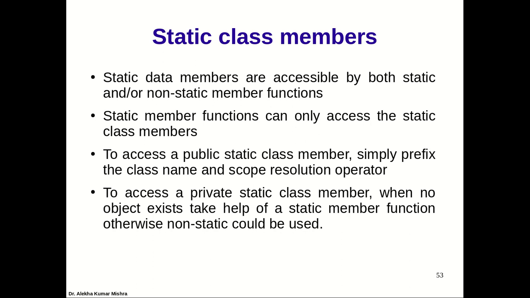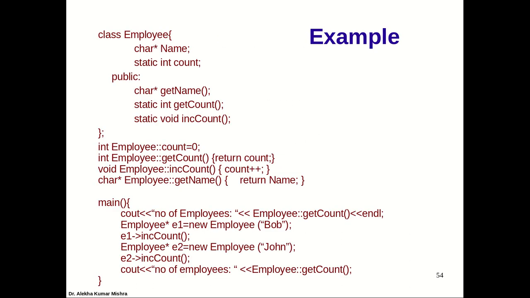If we don't have any static member functions, then we can take help of a non-static member function. But if they are private, they cannot be accessed directly outside the scope of the class. That's for sure.